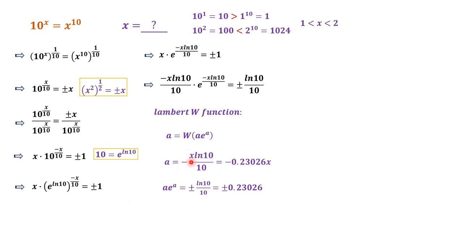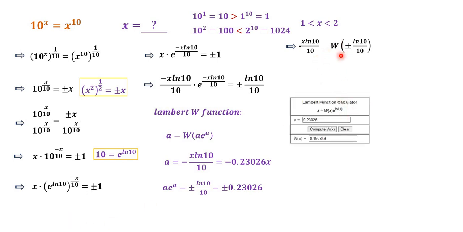So this formula, negative x times ln 10 over 10 is equal to a right here, and is equal to the Lambert W function of a times e to the power of a, and a times e to the power of a is negative ln 10 over 10. So a is equal to the Lambert W function of negative ln 10 over 10, and this is calculated at this value. So here I just directly bring up the Lambert W function calculator.